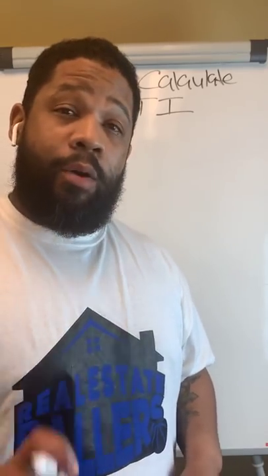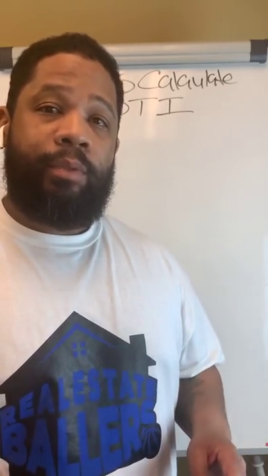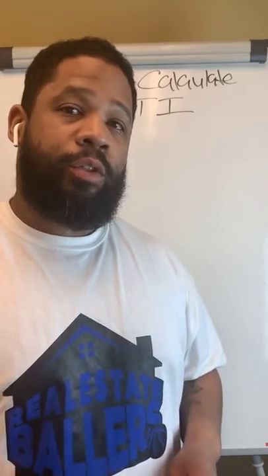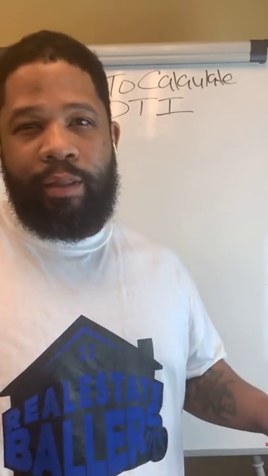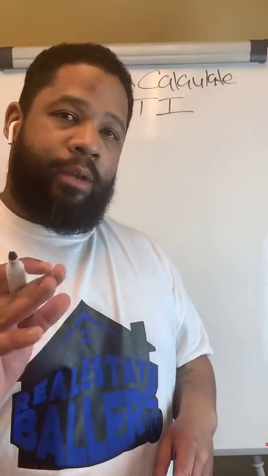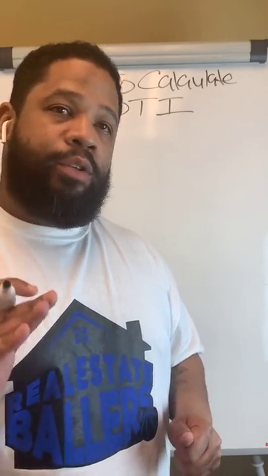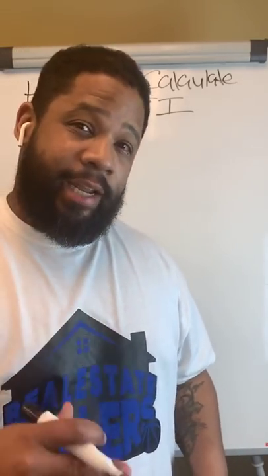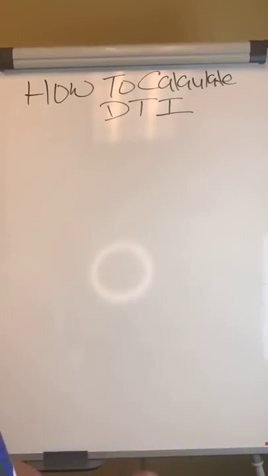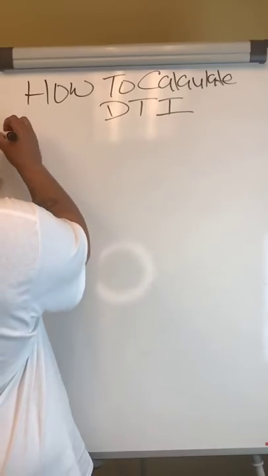So when we calculate your income, and this is for W-2 folks right now, I'm not getting into self-employed. That's a whole other topic for a whole other day. When we calculate W-2 income, we're going off your gross income, not your net income, your gross. So let's just use a quick example.